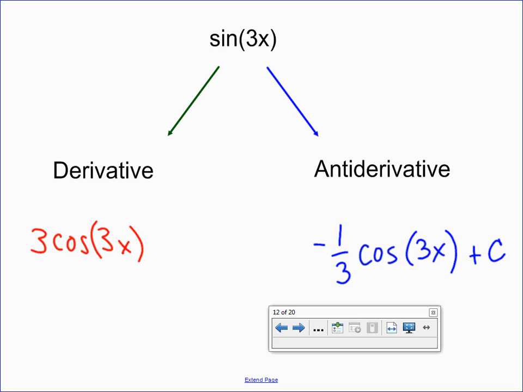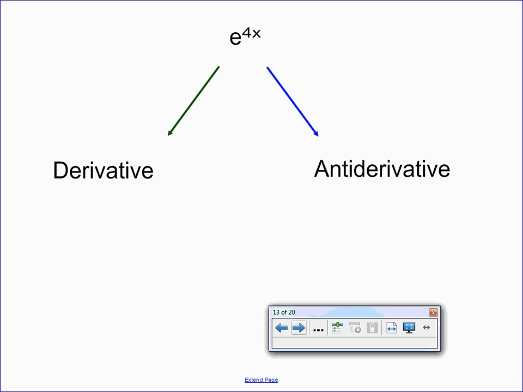Good job. Next, derivative of e to the 4x. Get ready. Number 11, test. Did you pass? No, it's test. Number 10. 4e to the 4x.